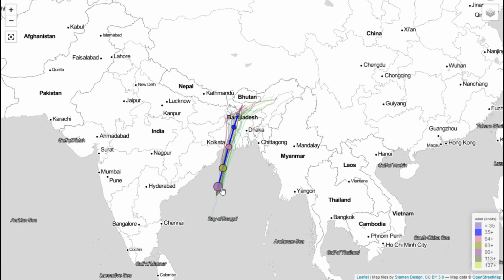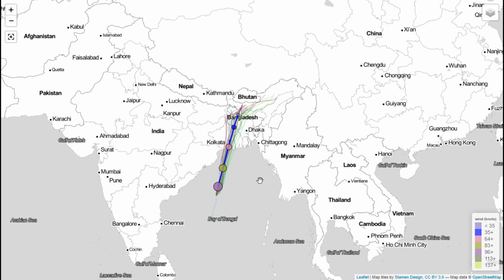Right now, we know that Amphan is a super severe cyclone, and the Indian Weather Department has already predicted that it will reach the Indian shores on 20th May 2020, Wednesday, around 5:30 p.m. So before that, let us try to track its movement and let us try to identify its path.